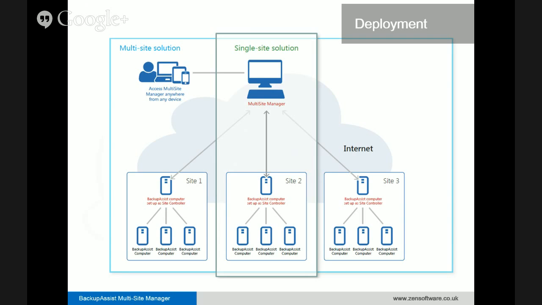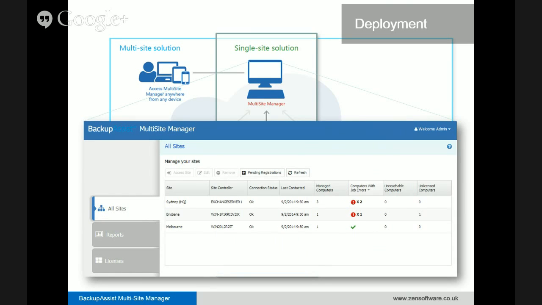And this is a brief preview of what you would see in the multi-site manager. You effectively would see all the sites that you're managing, and then you can drill down into the site. So think of the sites as the site controllers. You can then drill down into the sites to look at all the installations that those sites have.